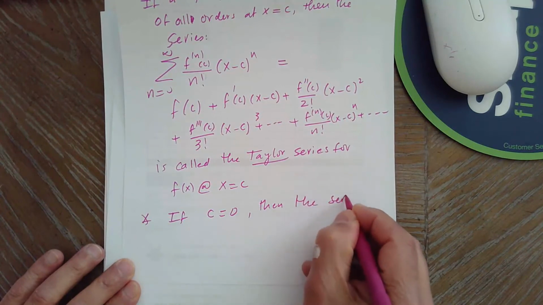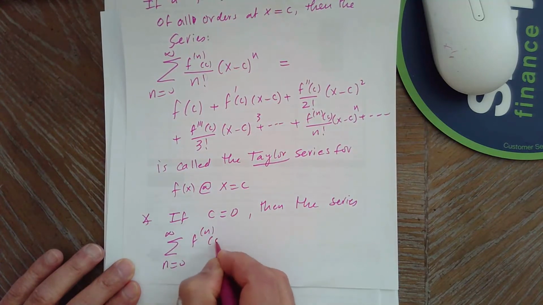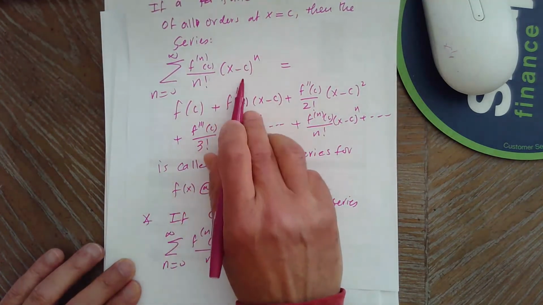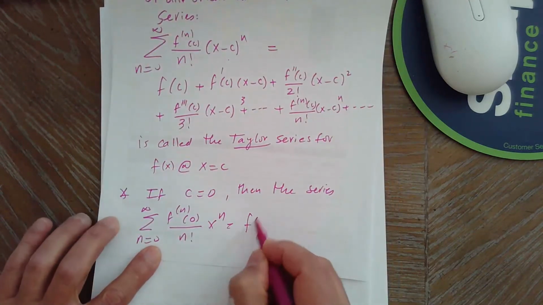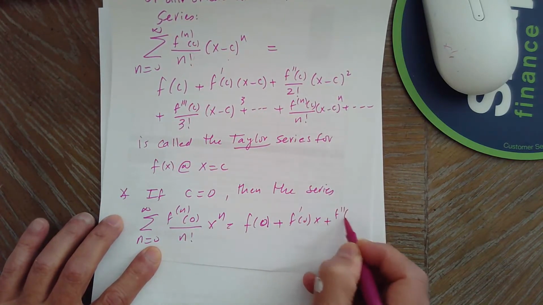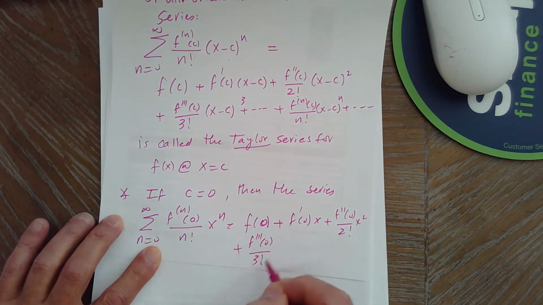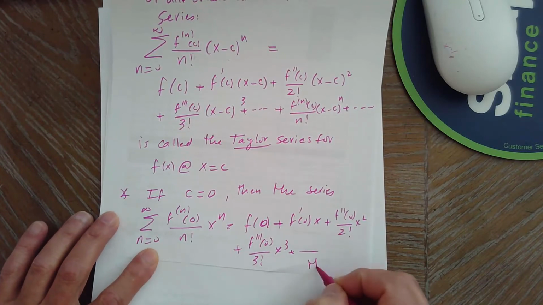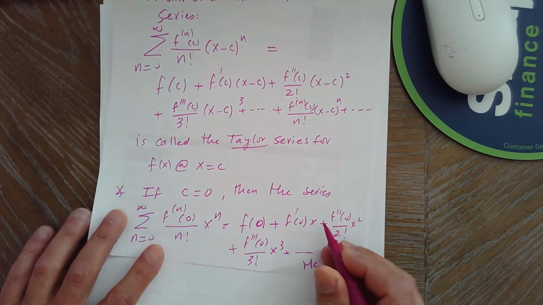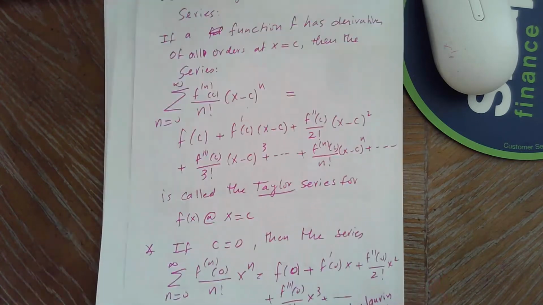The series sigma n equals 0 to infinity of the nth derivative at 0 over n factorial times x to the n, which if you write it out, is f of 0 plus f prime of 0 times x plus f double prime of 0 over 2 factorial times x squared, plus f triple prime at 0 over 3 factorial times x cubed, and so on. This is called a Maclaurin series. So a Maclaurin series is a special case of a Taylor series. It's the Taylor series at x equals 0.